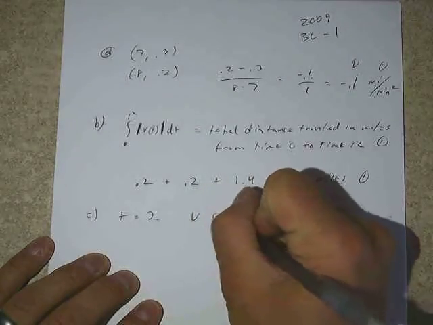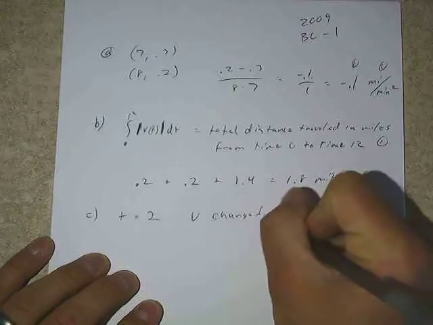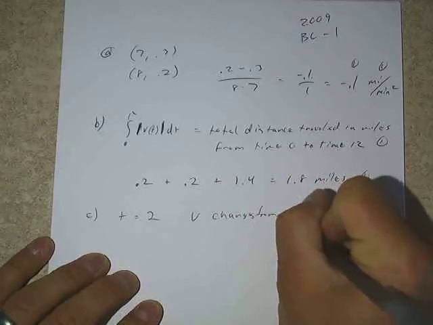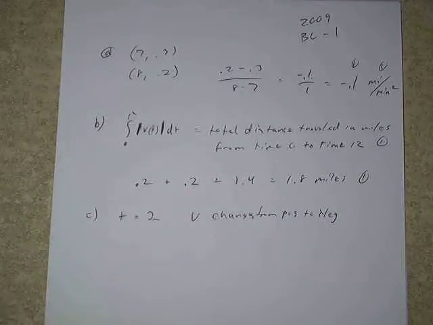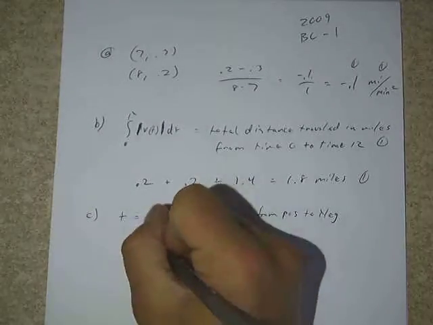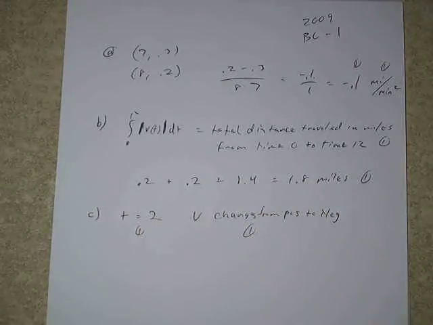Why do we know it's at time 2 where she turns around? The velocity changes from positive to negative. And simple as that. So 2 points, one for the time, one for the reason.